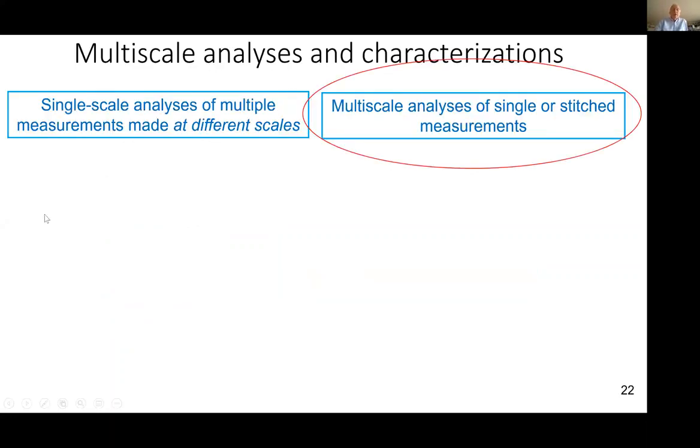To do a multi-scale analysis, some people think you need to take multiple measurements at different scales. You can, but all of the microscope systems that I've worked with change when you change the lens or even the electronic zoom, so the multi-scale analyses don't always overlap as we switch the scale.